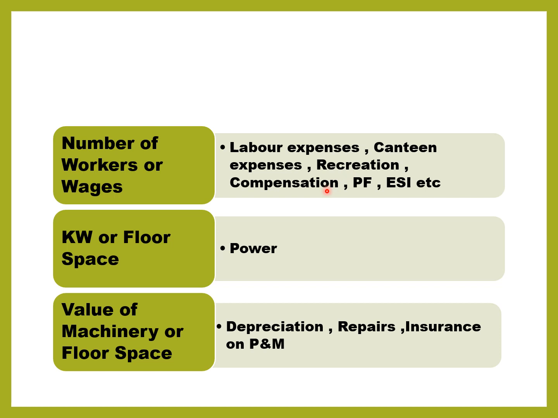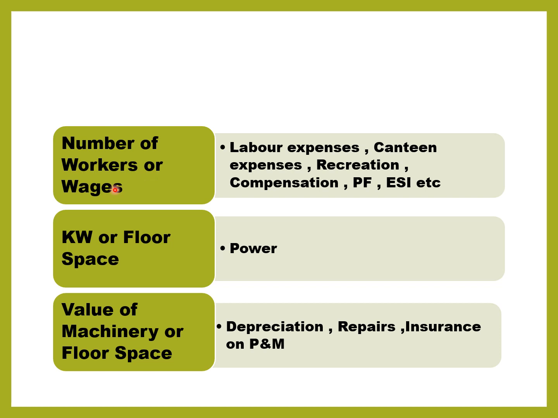etc. Compensation paid to the workers, provident fund, employee state insurance is called ESI. ESI is nothing but medical facilities. So all canteen expenses, compensation expenses, labor expenses, in short, worker expenses are to be distributed on the basis of number of workers or wages.